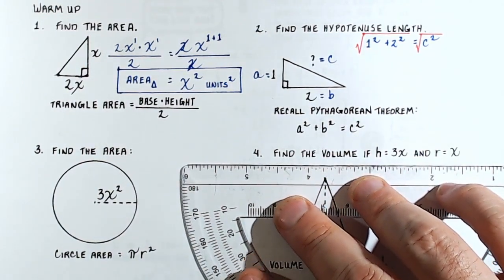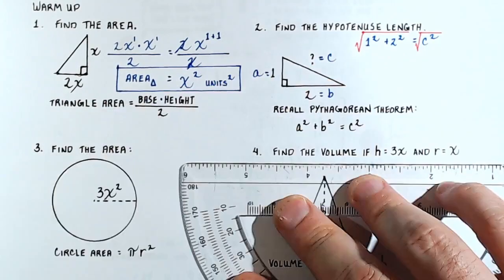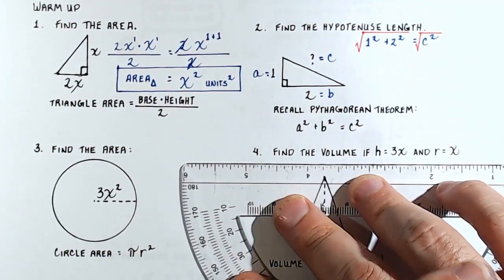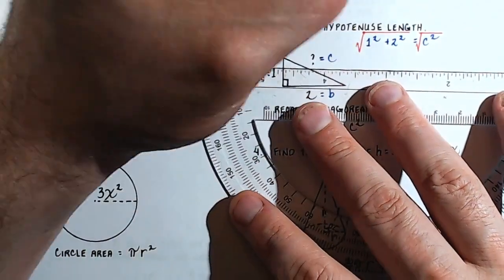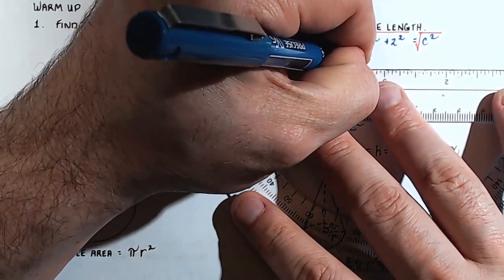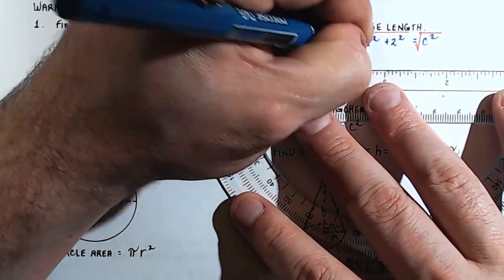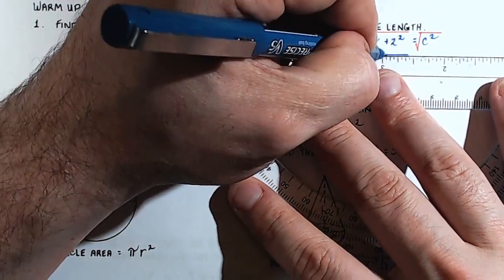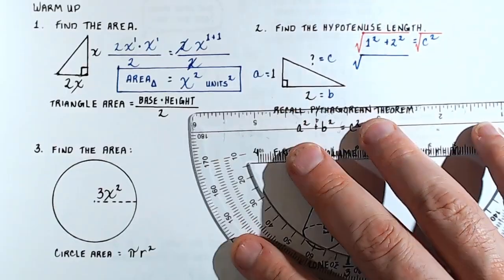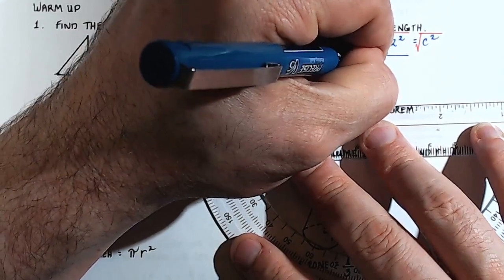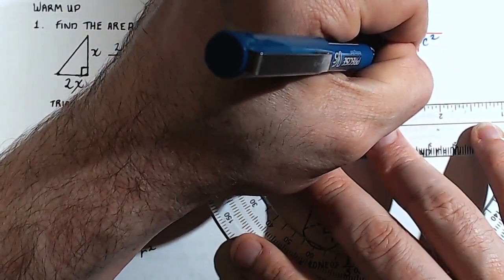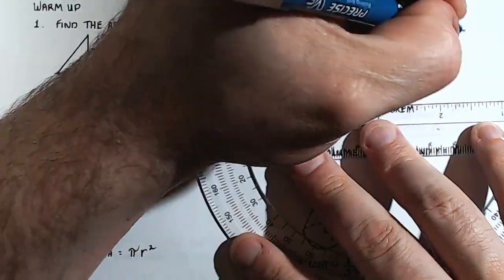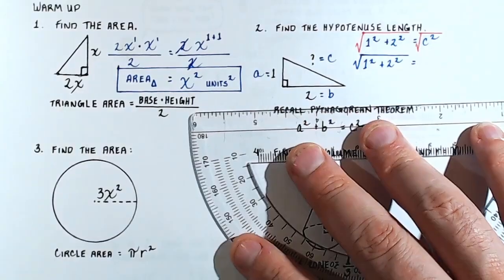When I take the square root of a squared term, the square root goes away. So I have the square root of 1 squared plus 2 squared equals c.